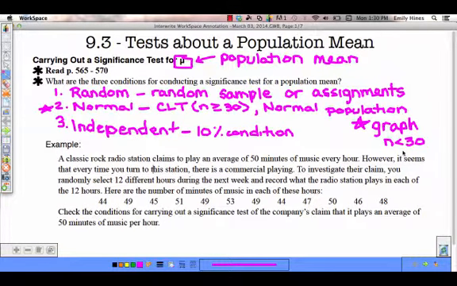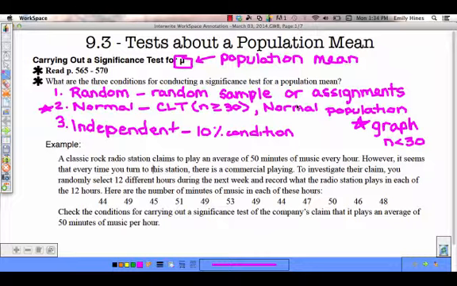Remember, if your sample size is 15 or over, like 15 to 30, it can be a little bit skewed as long as there are no outliers. But if your sample size is less than 15, then it needs to be relatively symmetric with no outliers. Outliers are never okay.